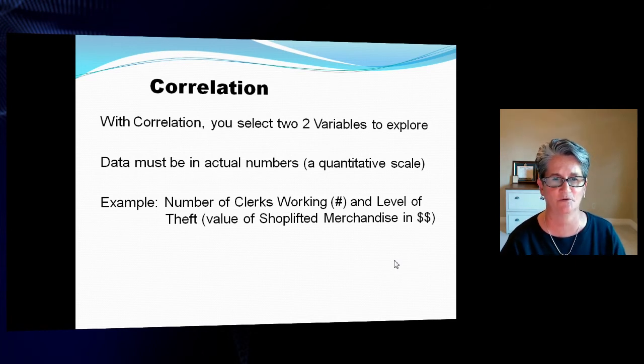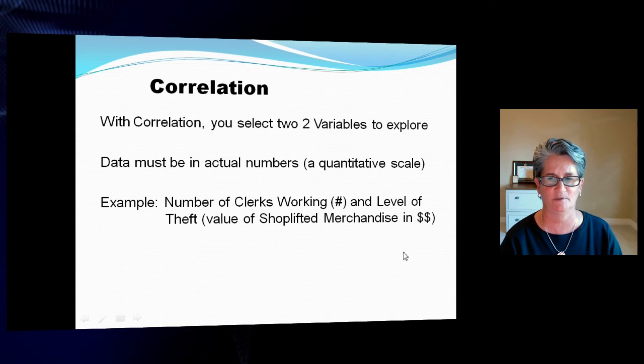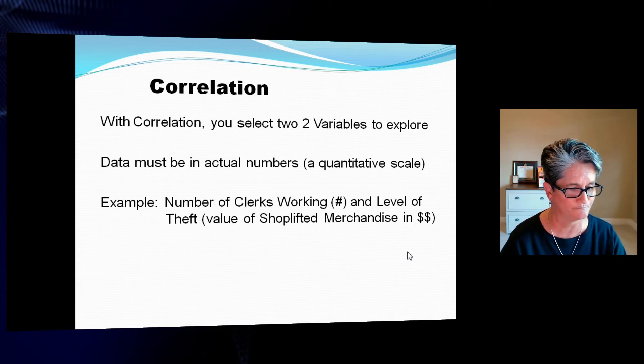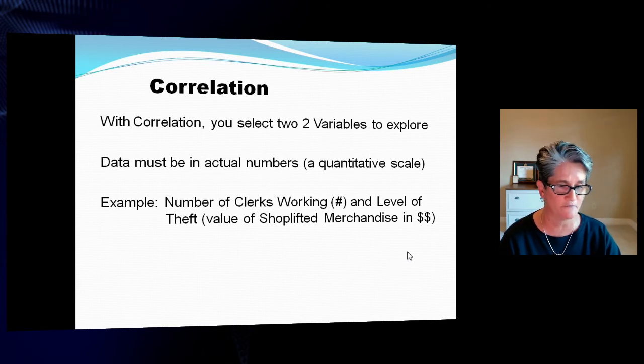We could actually explore and see, is there a relationship between the number of clerks working and, say, level of theft? And that could be measured in value of shoplifted merchandise in dollars. Correlation is used quite frequently by many agencies, schools, hospitals, and businesses to get a picture of the kind of impact one factor has on another.